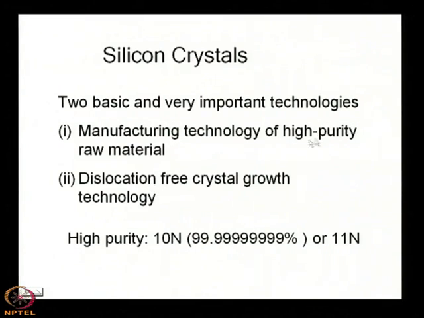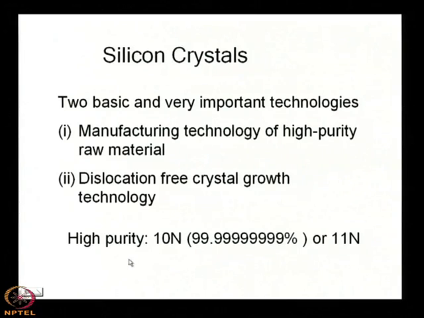And when we talk about high purity raw material for silicon crystal growth, what is the raw material? Finally, the raw material is silicon.